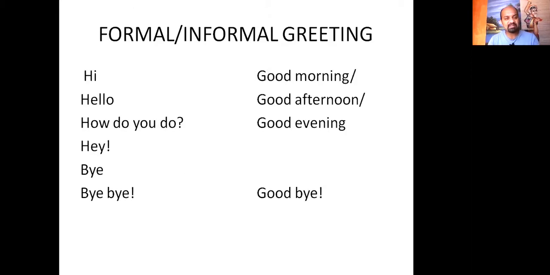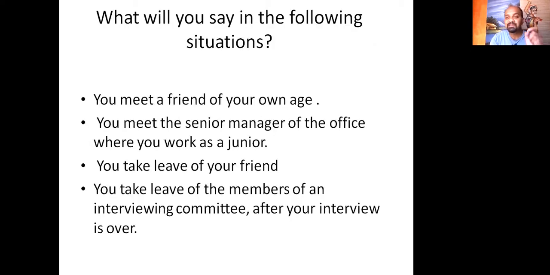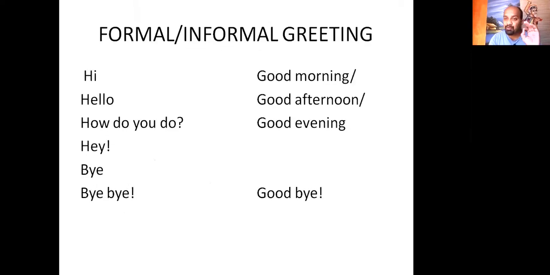What happens most of the time is that we start the conversation abruptly without a greeting, and we end the conversation and go away from the place without saying goodbye or using appropriate expressions to take leave. So it is very important to take leave and greet people using appropriate expressions.